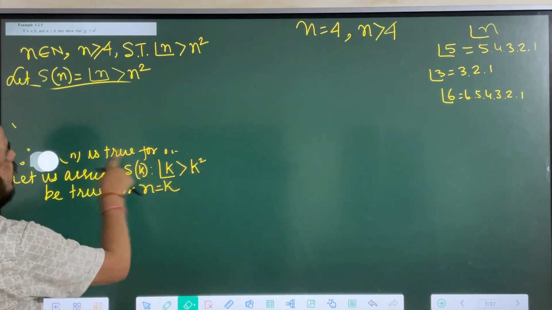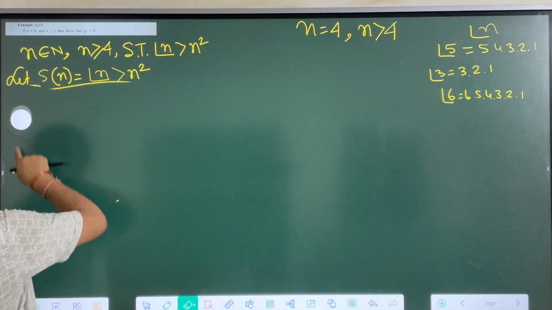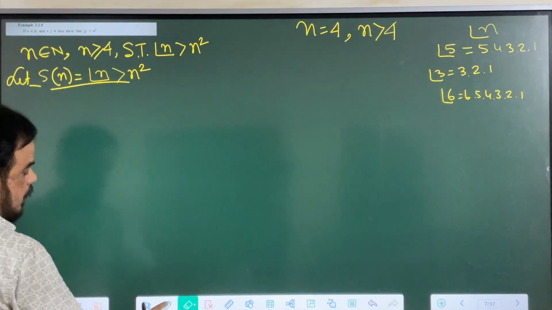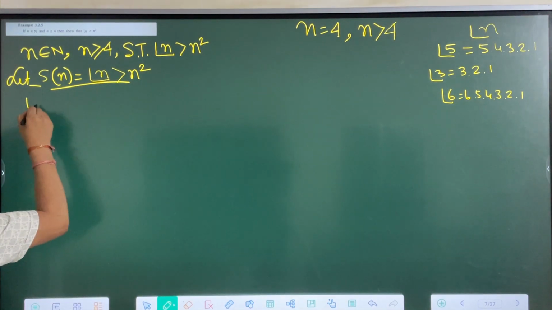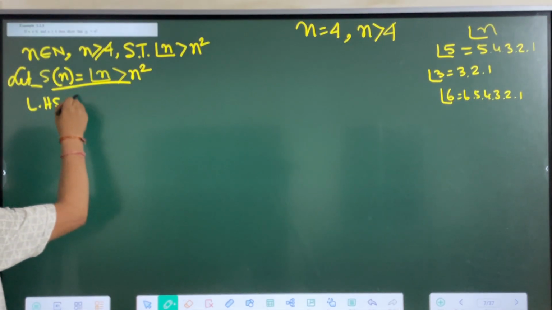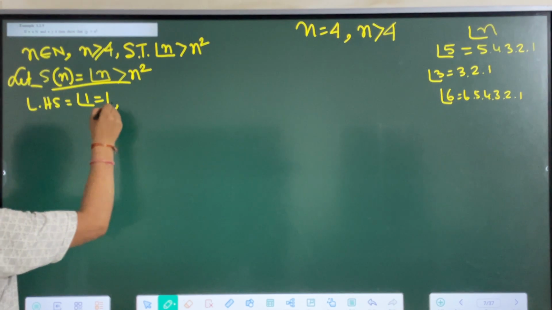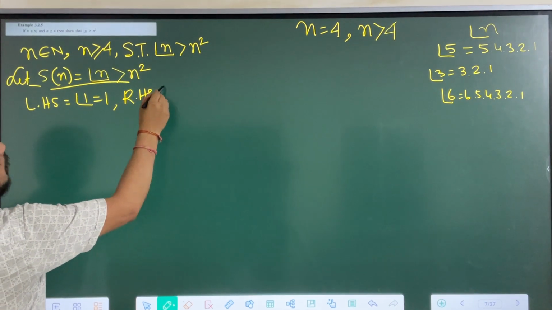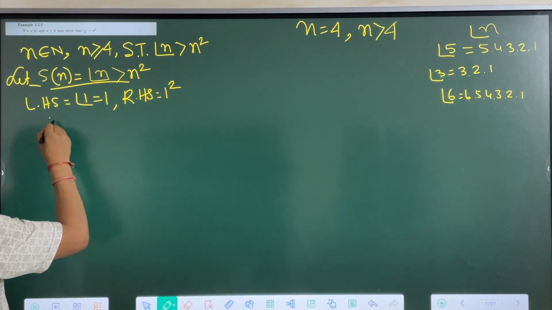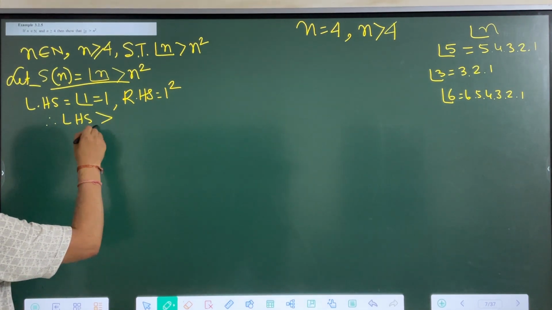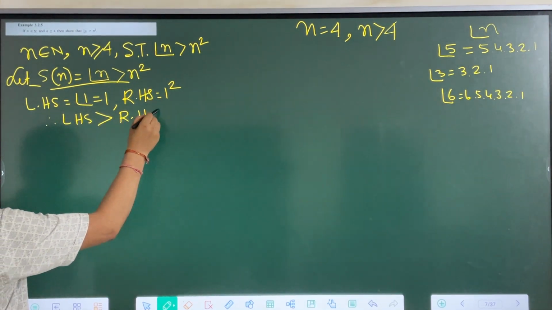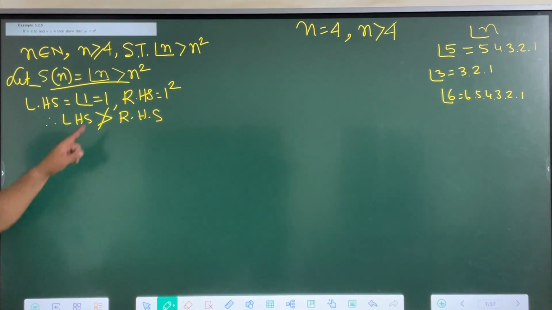Okay, something is wrong here. I have made a mistake. So let us do. LHS is equal to factorial 1 equals 1. RHS equals 1 square. So LHS is greater than RHS, which is not correct. Here greater than is there.